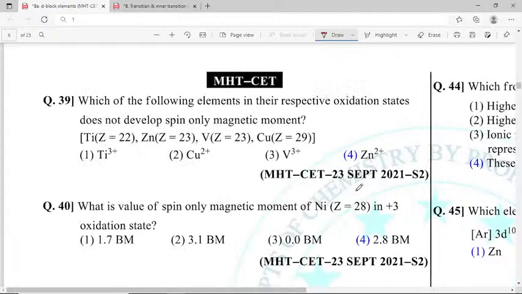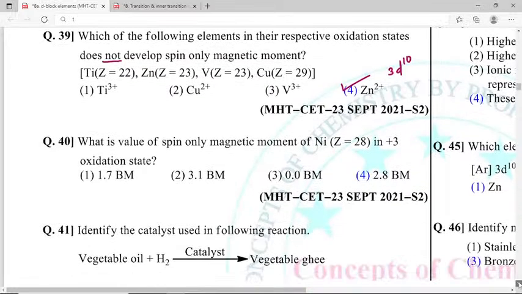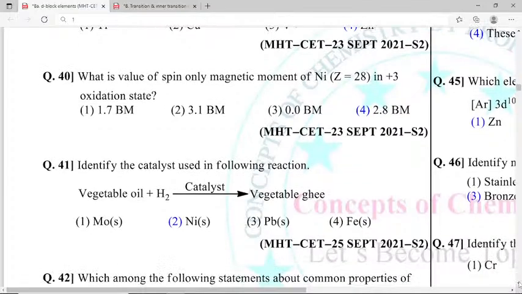Next question. Which of the following elements in their respective oxidation state does not develop spin only magnetic moment? Does not develop means 0. Zinc 3d10 has 0 unpaired electrons, and if there are 0 unpaired electrons, spin only magnetic moment does not develop. It is diamagnetic. What is the value of spin only magnetic moment in nickel in +3 oxidation state?